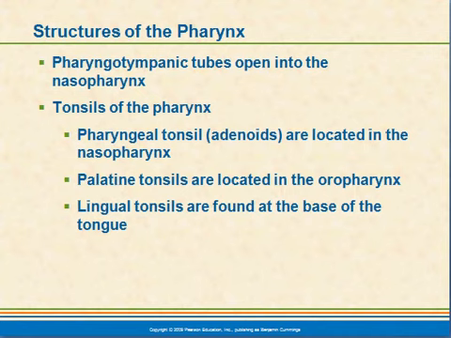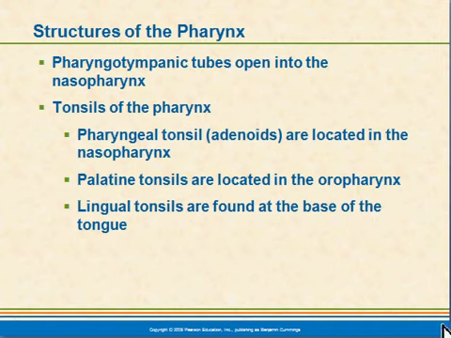If they get too large, they can block the flow of air out the nasal cavity, and people can have a strange sound, which is often referred to as being adenoidal. The palatine tonsils, they say palatine, but they're actually located on the side of the throat. The lingual tonsils are at the base of the tongue.